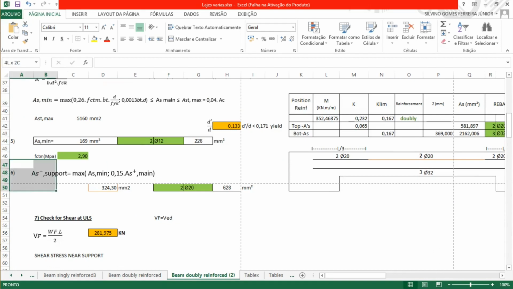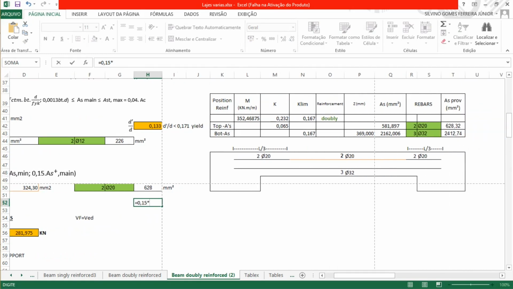It will be the maximum value between the minimum area of section that we calculated, 169, and 15% of the main reinforcement on the bottom here. So let's see, 150, that is 15% of the main reinforcement that we put here on the bottom.